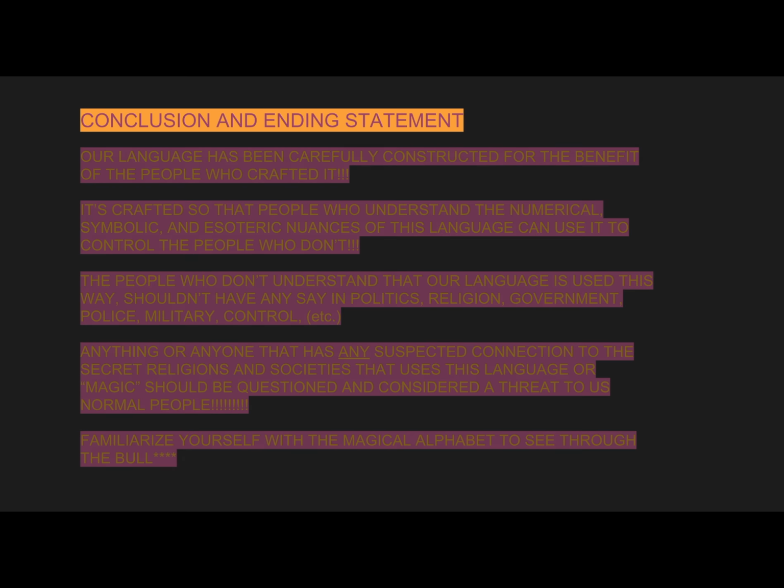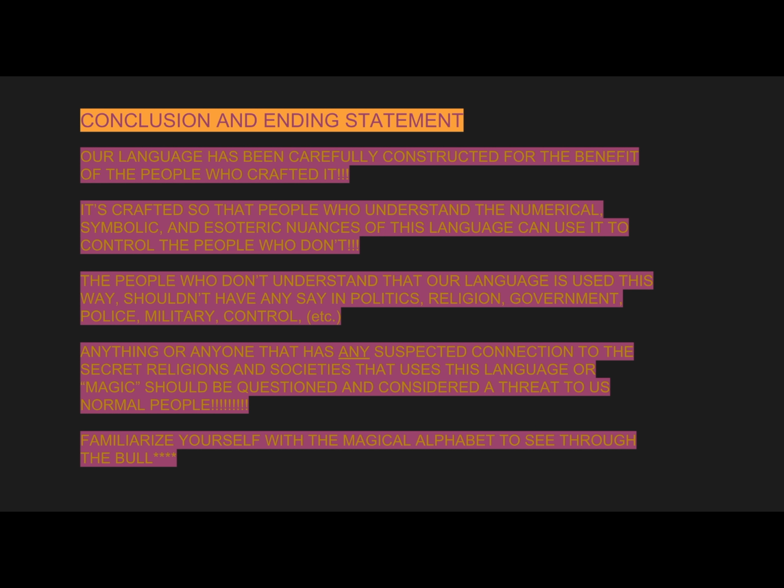So here, I'm just going to conclude this with a little bit of an ending statement and then a quote. Our language has been carefully constructed for the benefit of the people who crafted it, the Freemasons, the Zionists. It's crafted so that people who understand the numerological, symbolic, and esoteric nuances of this language can use it to control the people who don't understand and know about it.